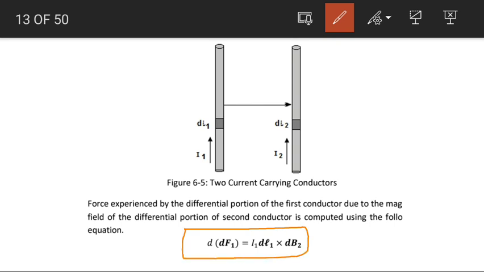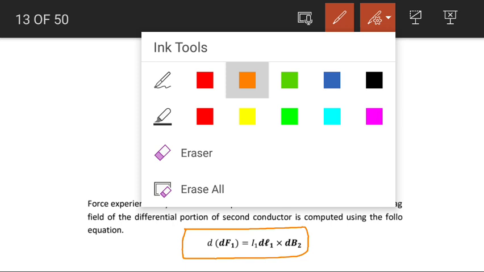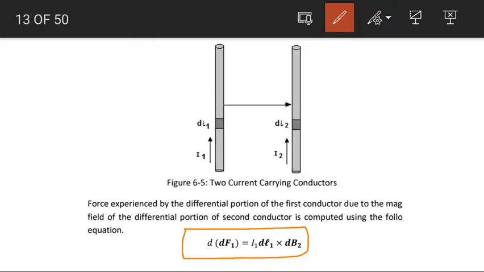So the differential force which is experienced by the small portion of the first conductor due to the magnetic field which is generated by the small portion of the second conductor will be equal to I1 dl1 cross dB2.